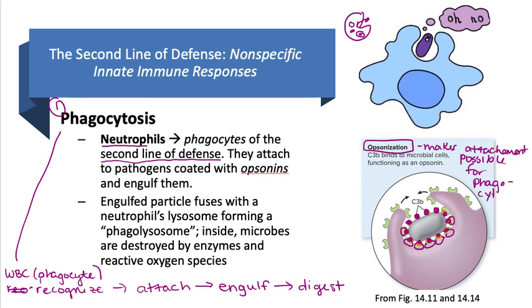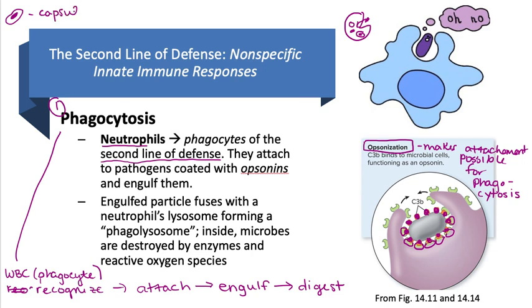One of the reasons I'm bringing this up is because in our last lecture we learned that capsules could help cells evade phagocytosis. And the reason for this is because a capsule prevents that opsonization process.